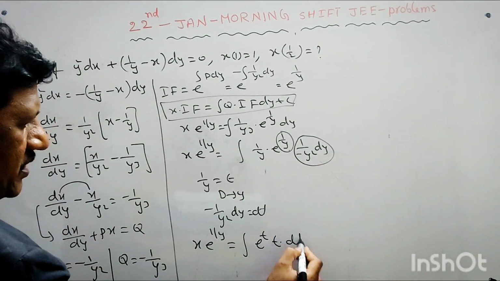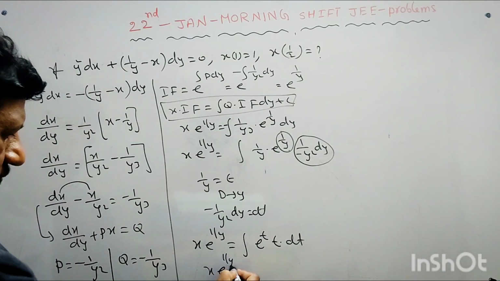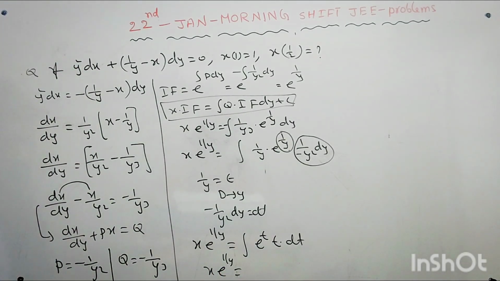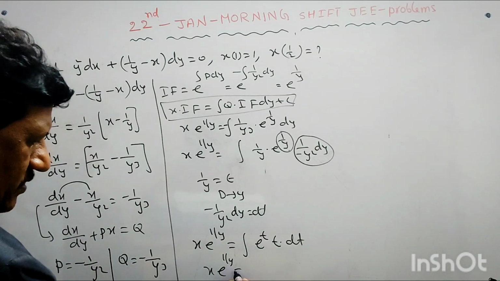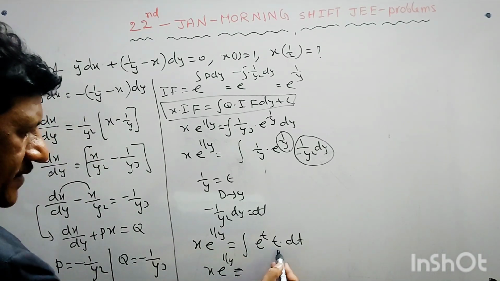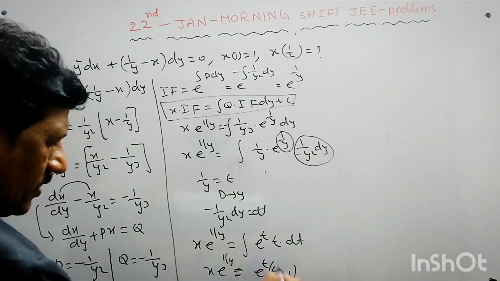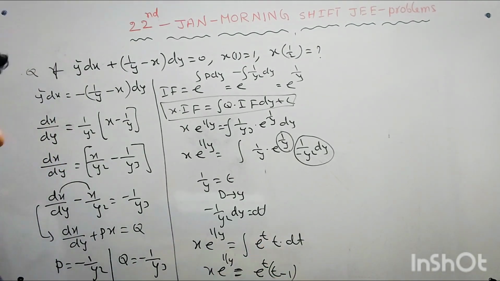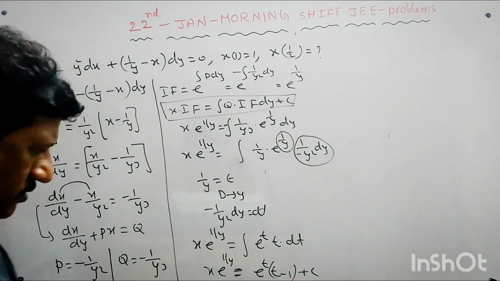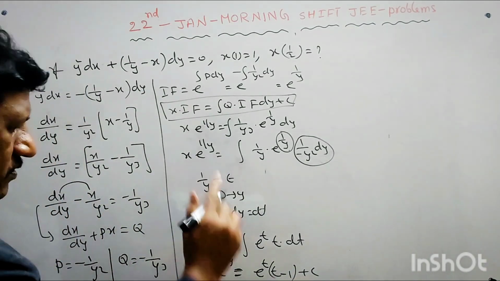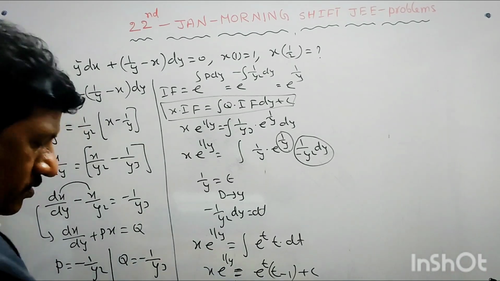Then integration by parts: if you apply integration by parts, you get the answer. Write e power t into t as it is, write minus 1, as a shortcut formula. Then plus c. But what is the t value? 1 by y, e power 1 by y.